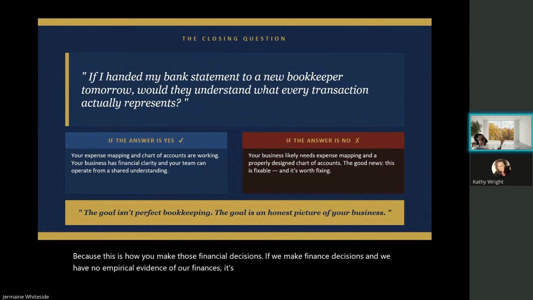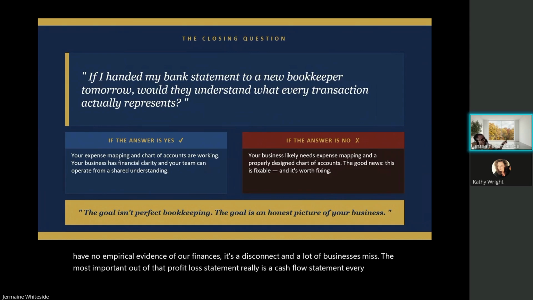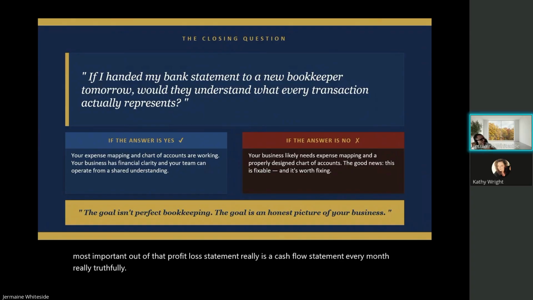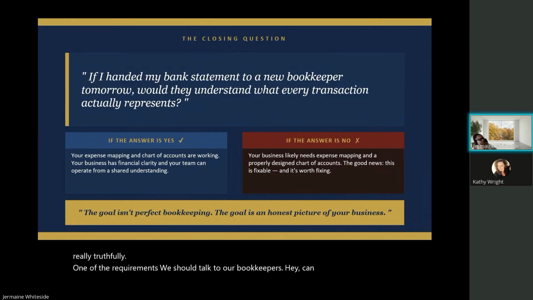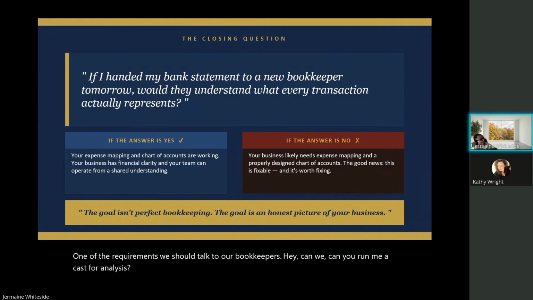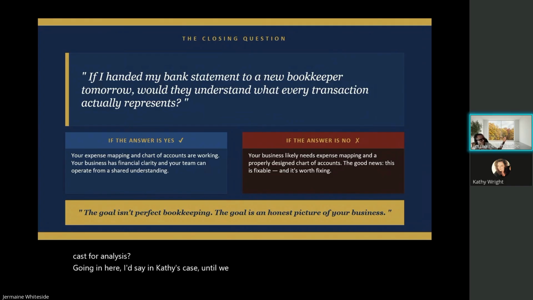A lot of businesses miss the most important output of that profit and loss statement, which really is a cash flow statement every month. Truthfully, one of the requirements is we should talk to our bookkeepers: "Hey, can you run me a cash flow analysis?" Like in Kathy's case, before we end this, Kathy receives her management fee monthly.